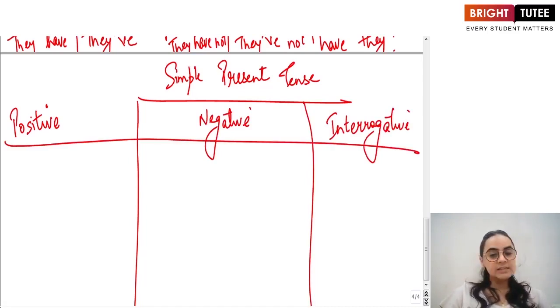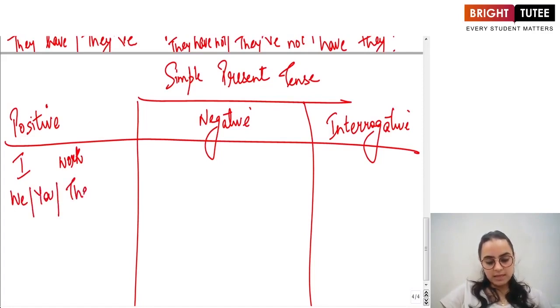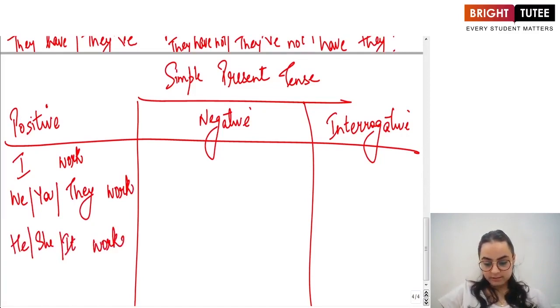So with positive, it becomes I. Let me take the example work. So I work, we, you, they work, and he, she, and it works.